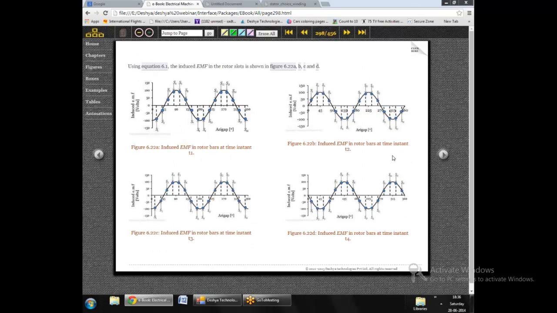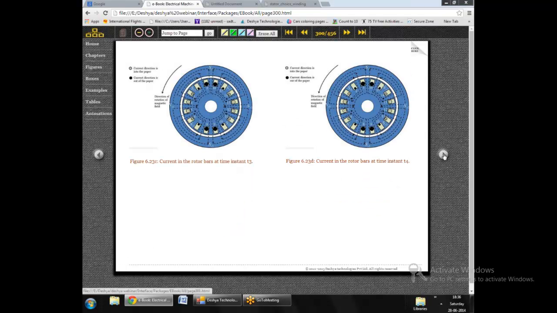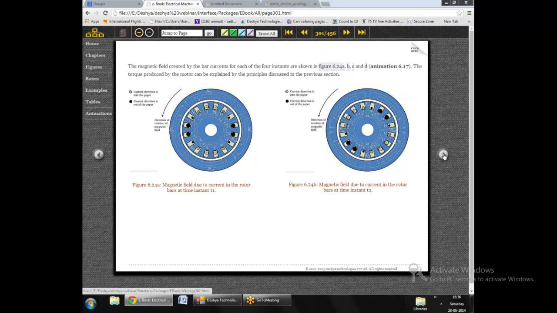And this figure shows the EMF induced in the rotor bars, and due to the induced EMF in the rotor bars, we would be having currents in the rotor bars, which are shown here in figures 6.23a to 6.23d for different time instants.